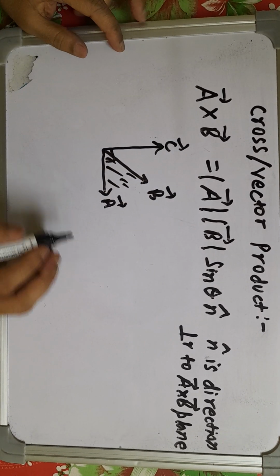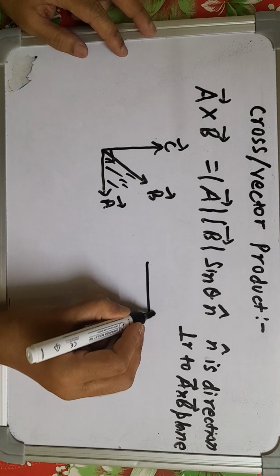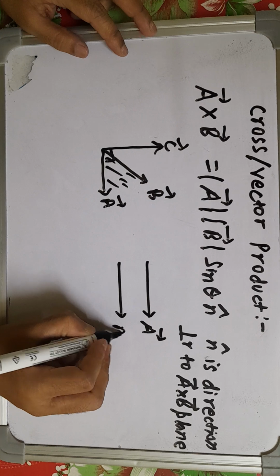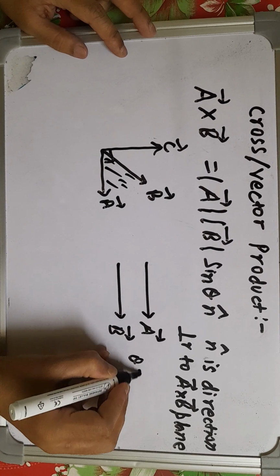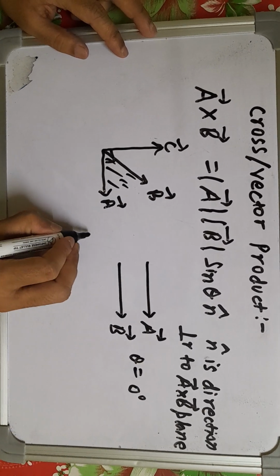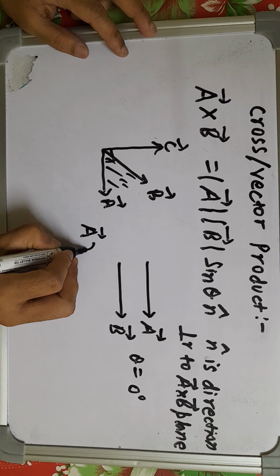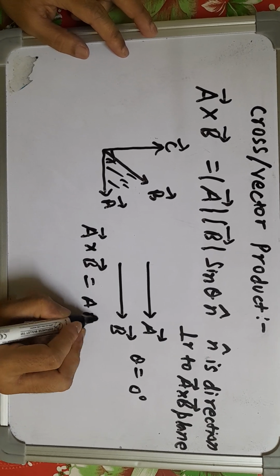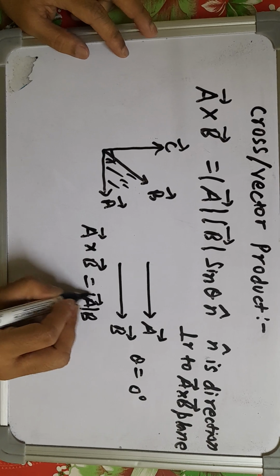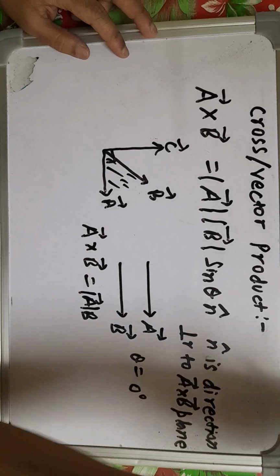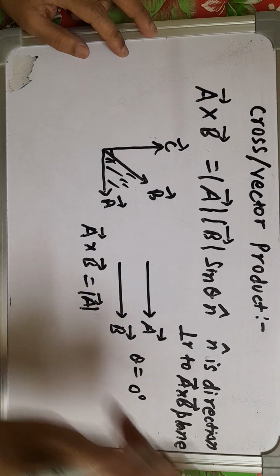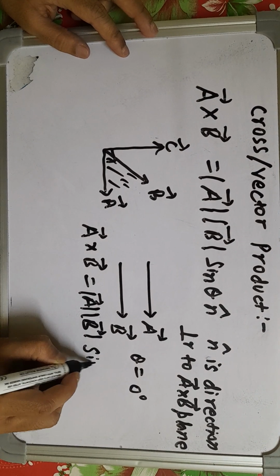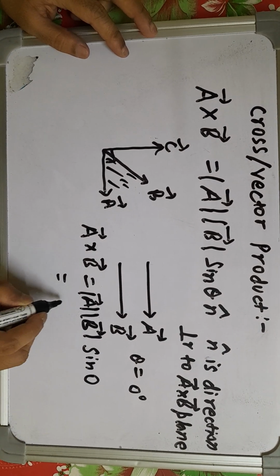So let us suppose there are two parallel vectors, a vector, b vector. So theta is 0 degree. So a cross b is equal to ab sin 0, which will be 0.